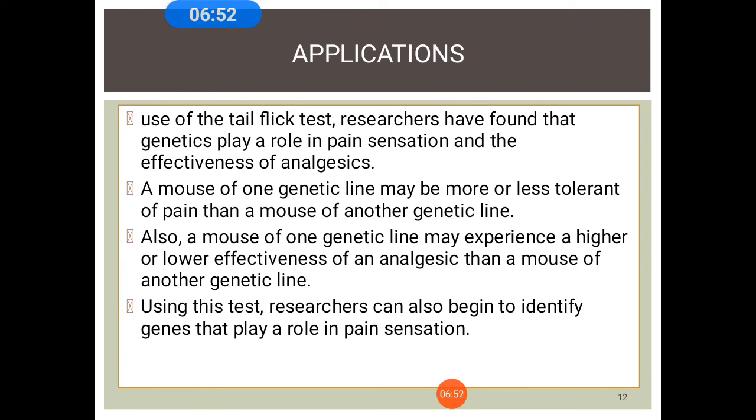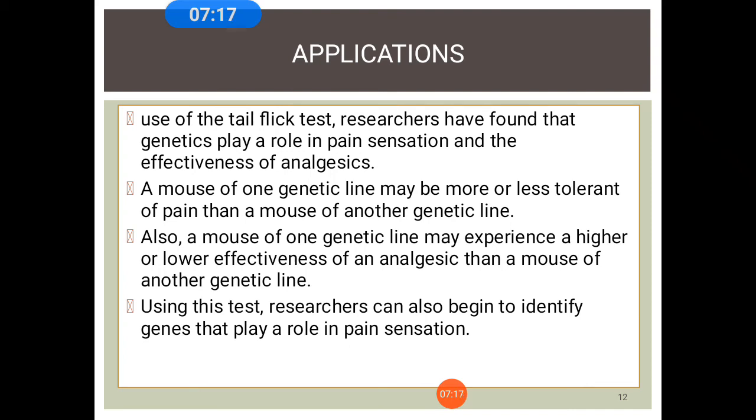Next we come to the applications of the tail flick method. Using the tail flick test, researchers have found that genetics plays a role in pain sensation and the effectiveness of analgesics. A mouse of one genetic line may be more or less tolerant of pain than a mouse of another genetic line.